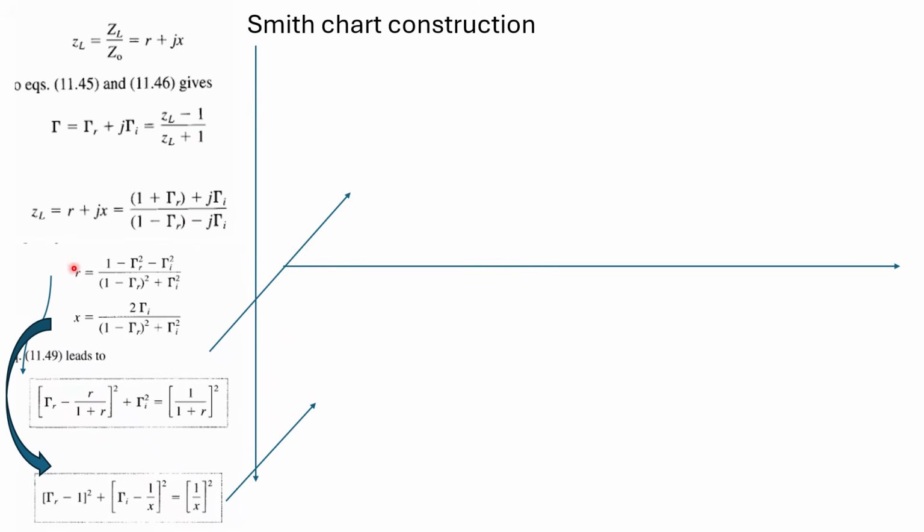Once you rewrite, equate real to real and imaginary to imaginary, and you will get the value of r and the value of x. With the help of the r equation, you will get tau r minus r divided by 1 plus r, whole square, plus tau i square equal to 1 by 1 plus r, whole square, and similarly with the help of the x equation, you will get the corresponding equation.